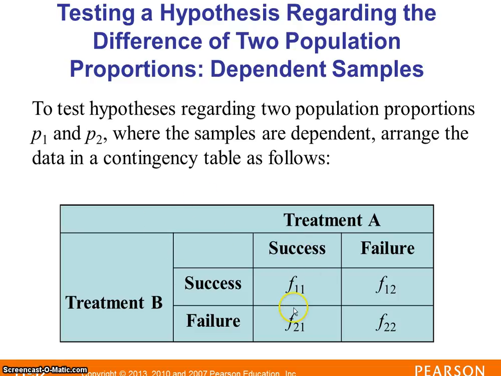So this is the number of successes for treatment A, this is the number of successes again for treatment B, the number of failures for treatment B, and then the number of failures for treatment B but successes for A, etc. So arrange the data in this table, and then we'll use these indices here. So then note that this is F11, F12, F21, F22.